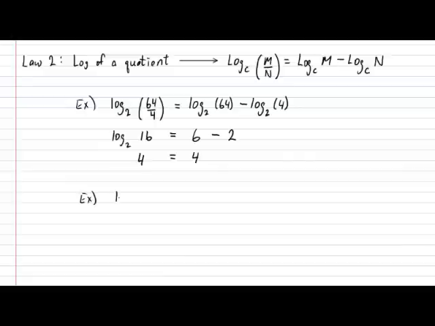The log in base 5 of the quotient 125 over 25. We're going to prove that this can be rewritten as the log in base 5 of 125 subtracted by log in base 5 of the 25.